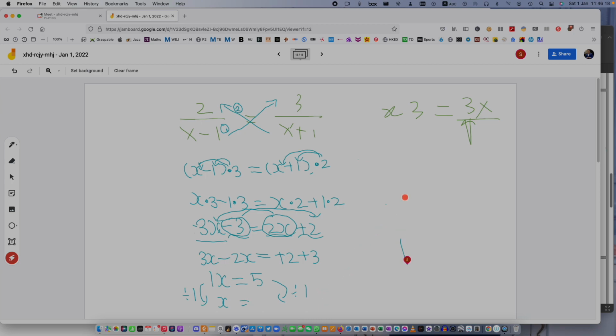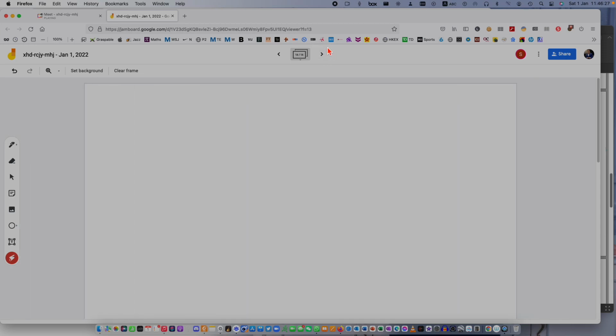Okay. Very good. Okay, last question, or last type of question: inequality. I have looked at your inequality. So how do you do this? Continue.